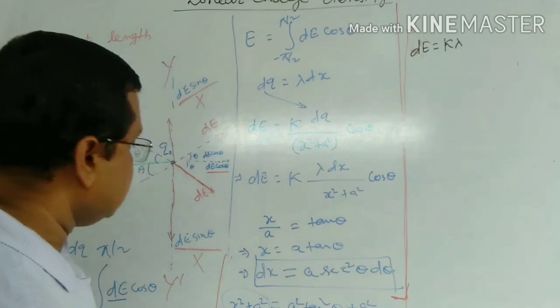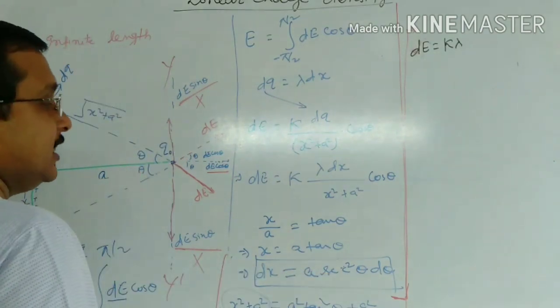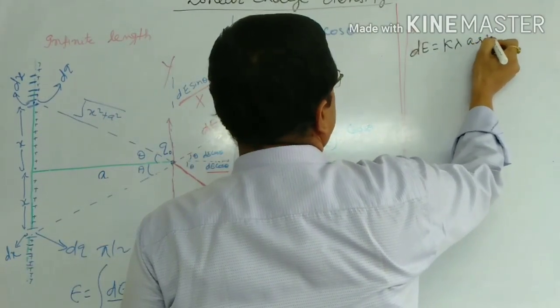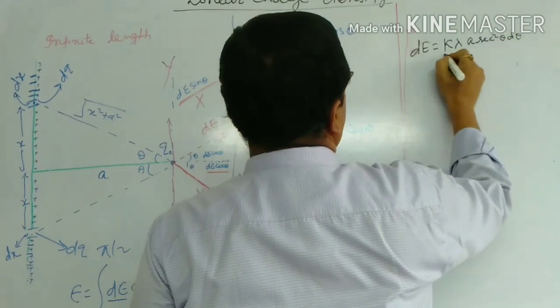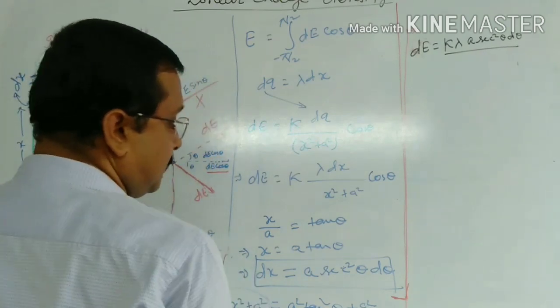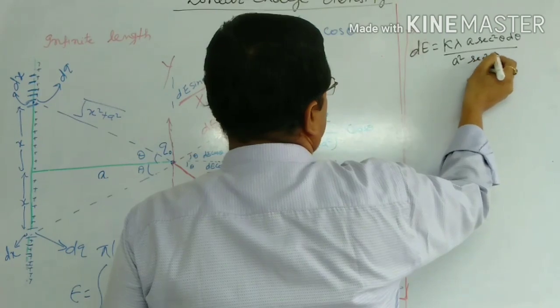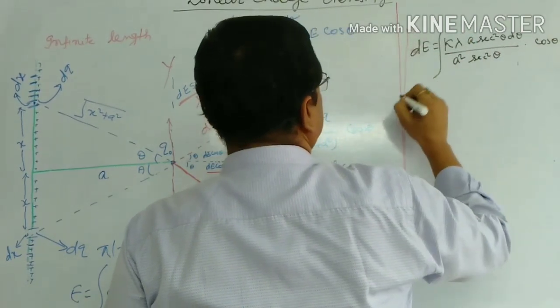What is the value of dx? a sec square theta d theta, by x square plus a square. What is the value of x square plus a square? a square sec square theta, and we have cos theta.